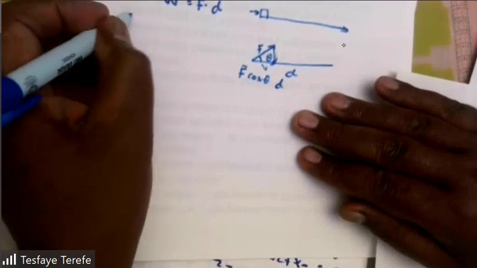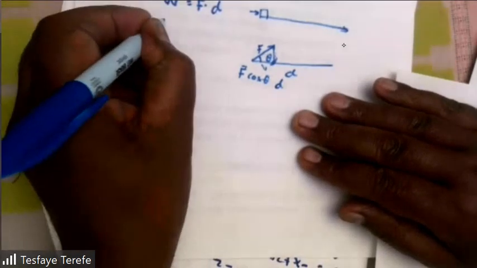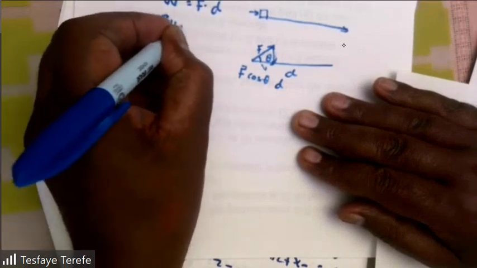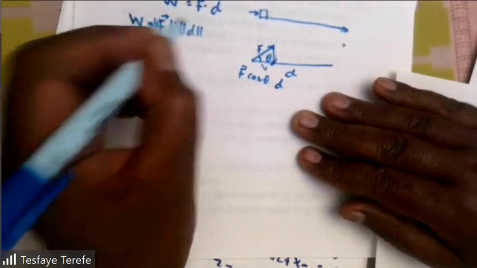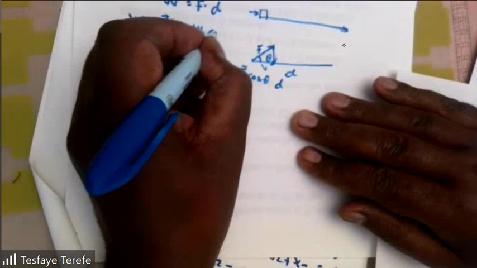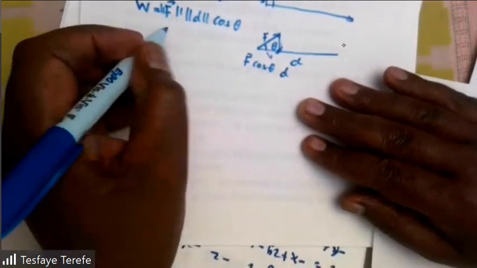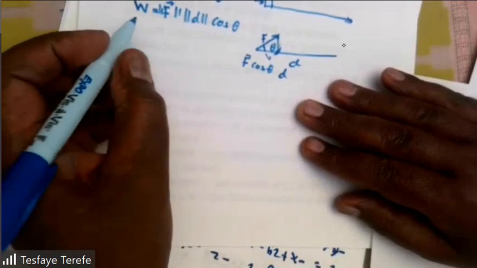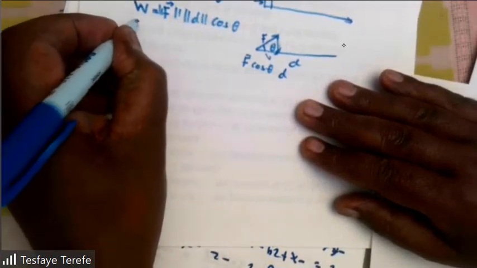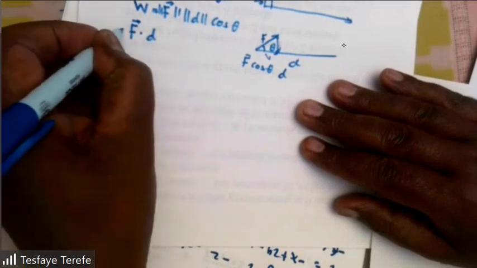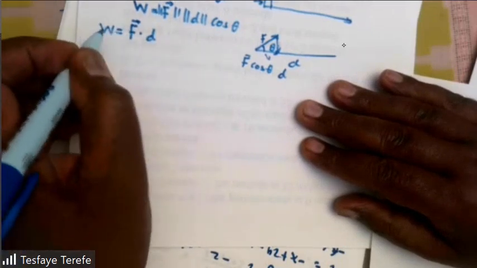Then work equals the magnitude of the force, times the magnitude of the displacement, times the cosine of the angle theta. Aha, when we see this, what does that mean? This is actually the dot product of two vectors, F dotted with d, equals W, work.